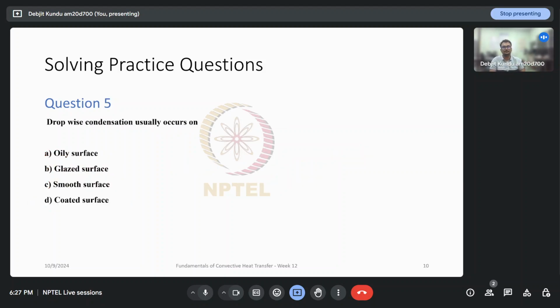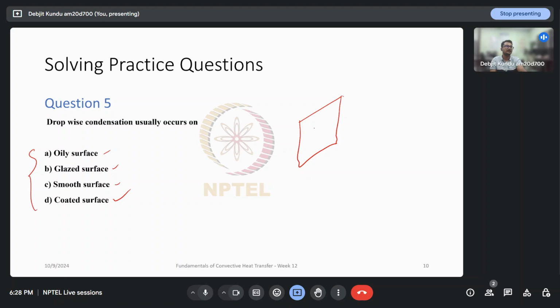We have question number 5 asking us, dropwise condensation usually occurs where? Does it happen on option A, oily surface, option B, glazed surface, option C, smooth surface, or option D, coated surface? What I mean by dropwise condensation is that, let's say I had a solid surface like this, which is cooler than the vapor on the other side.